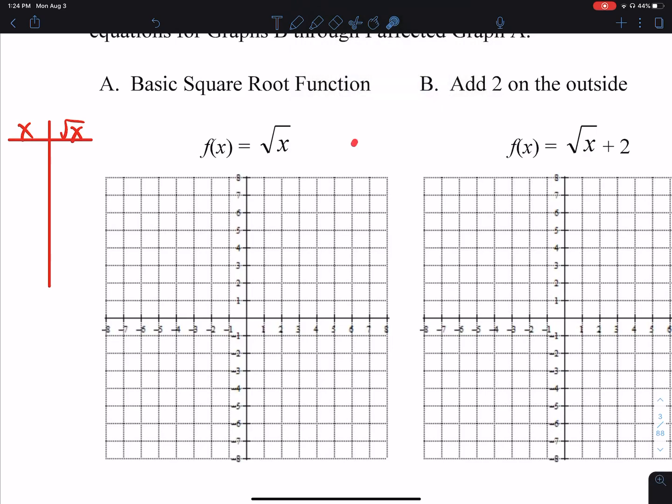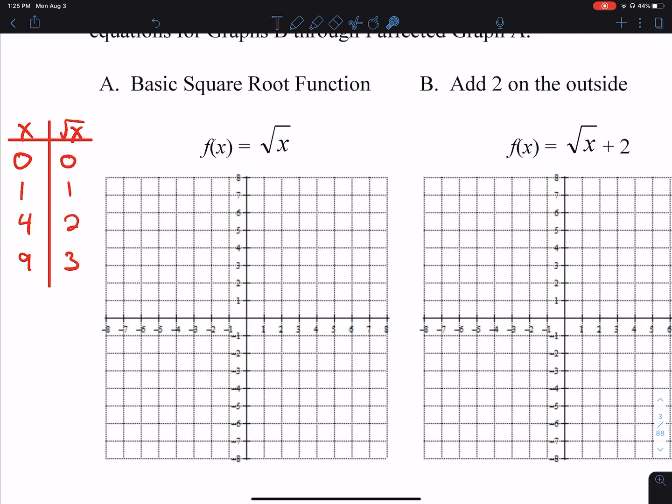For example, 0 is a perfect square. Its square root is 0. 1's a perfect square. Its square root is 1. 4 is a perfect square. Its square root is 2. 9's a perfect square. Its square root is 3. So to be clear, in each of these cases, if I put this number in for x, the square root of x ends up being this number.